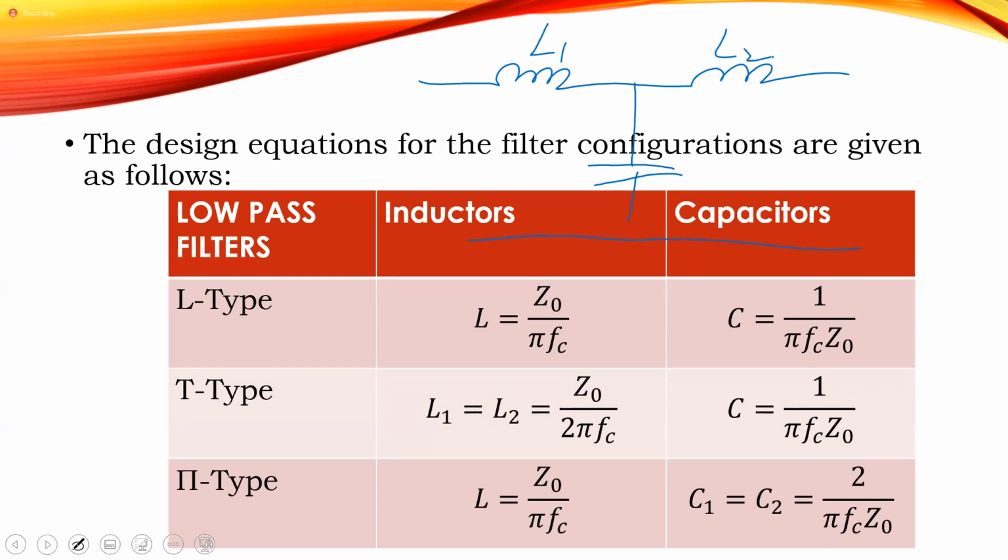And if you just look back at the formula for your L type, this is simply L over 2.